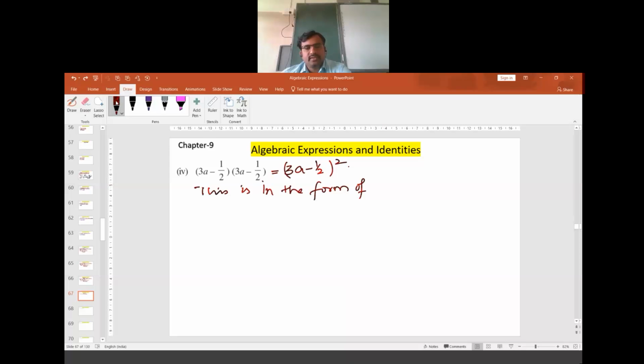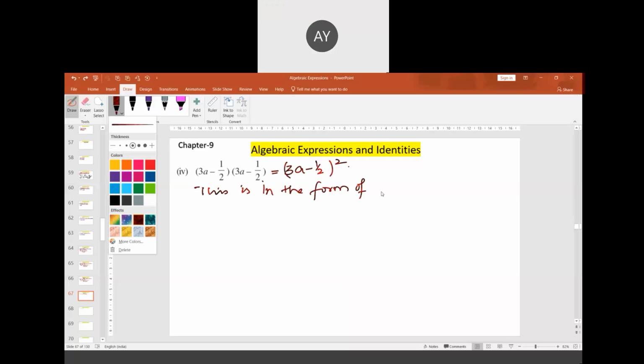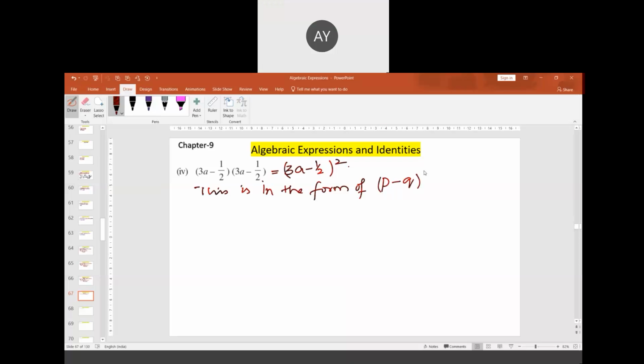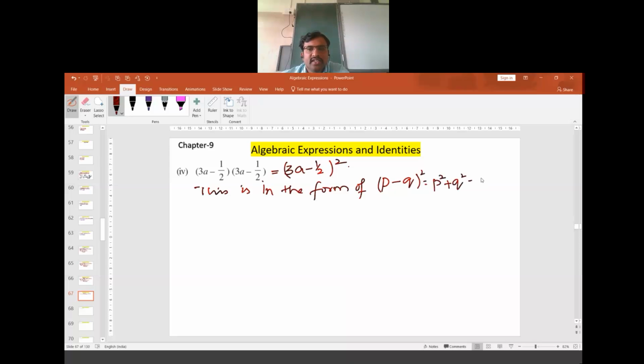Or you can use any other letter, for instance p minus q whole square, which is p square plus q square minus 2pq, where the p value is 3a and the q value is 1 by 2.